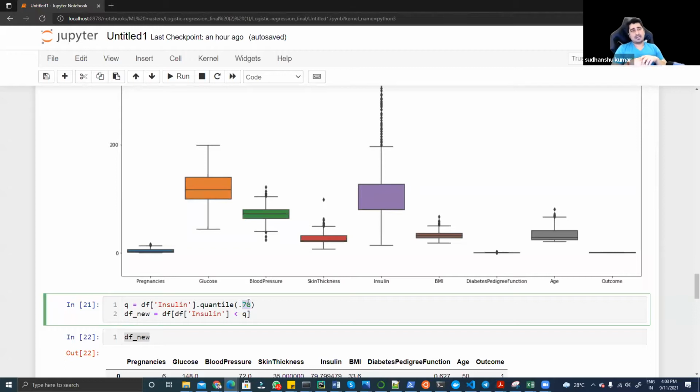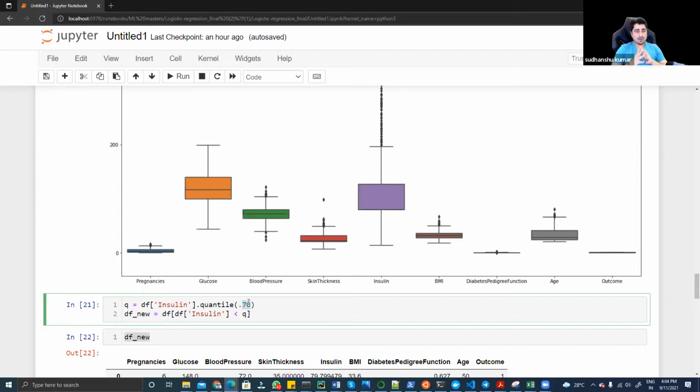So 30% of the data set I'm losing over here. If I have written quantile 70%, I'm just trying to keep 70% of the data, and the 30% of the data set which is available above the upper quantile, I'm just trying to lose it, or drop it. This is the meaning of this one, right?